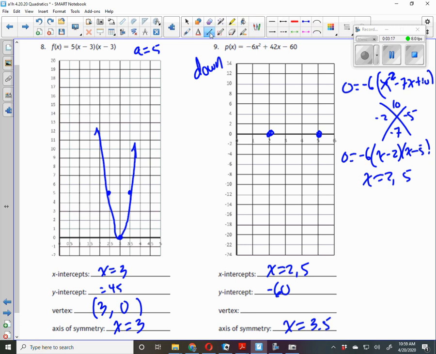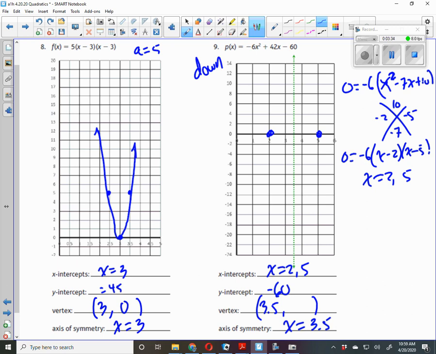That gives me the axis of symmetry. Now really all I need is my vertex. Well, I know that my vertex is at 3.5 comma something. So let's plug that in.